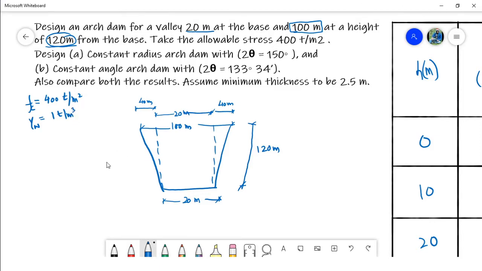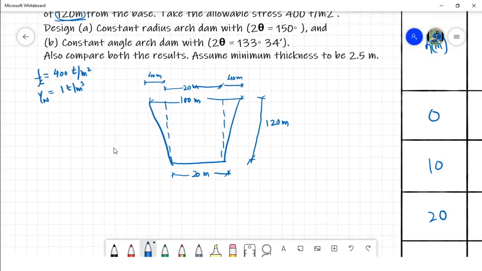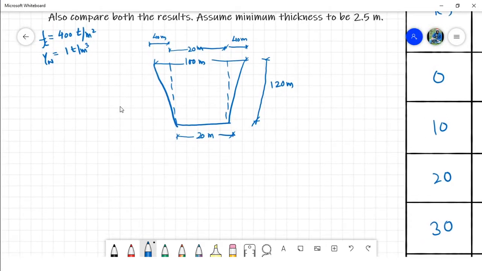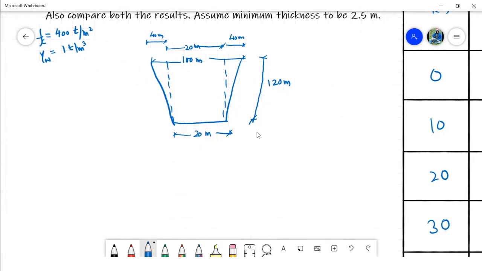Now in order to calculate the section, we have to keep in mind the width of the valley because it is changing. This width is changing with the change in elevation.